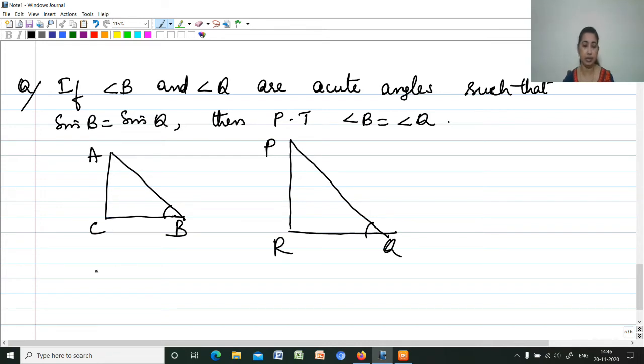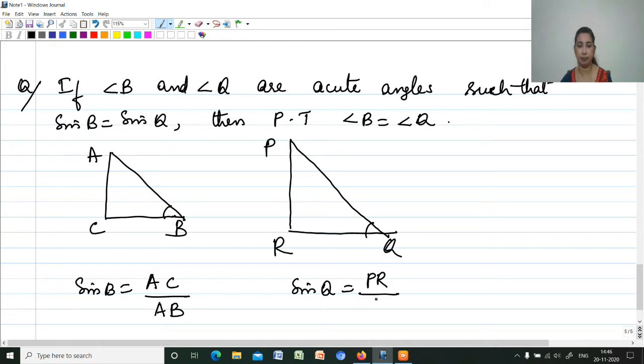So sine B is opposite by hypotenuse, that is AC by AB. And from here sine Q is opposite side PR by hypotenuse PQ.